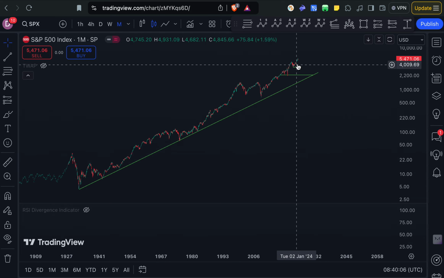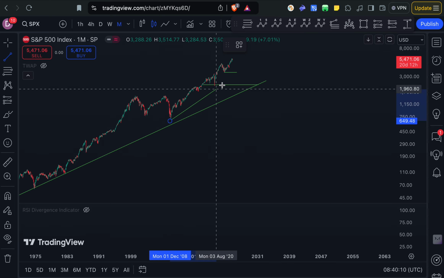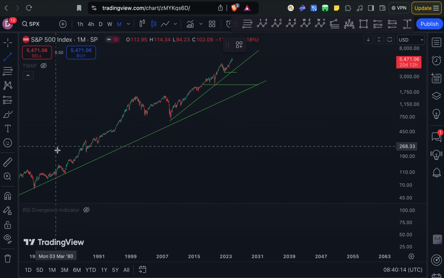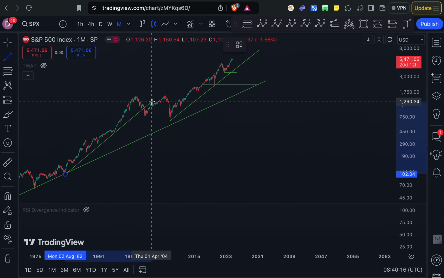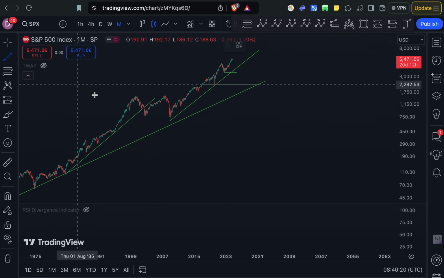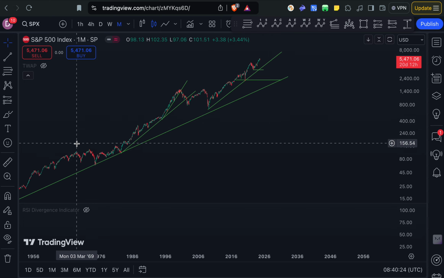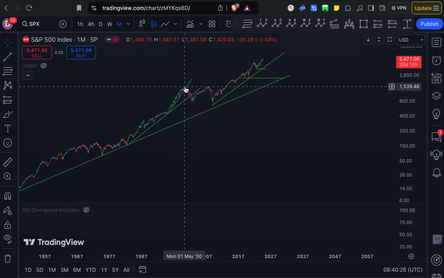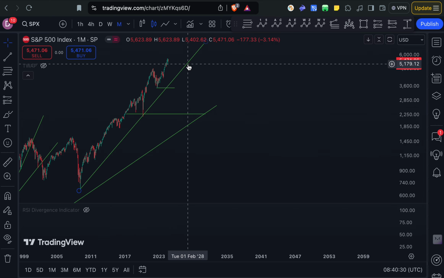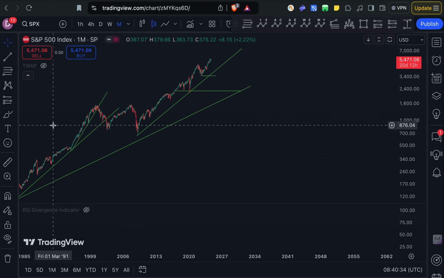We are actually seeing an acceleration in the chart here as well. So currently we can see that the chart is trending up faster like it did here. And here we had a second acceleration as well on this chart. And this would have given you like the top in 2000s. So we had this acceleration, we might see another acceleration on the chart.